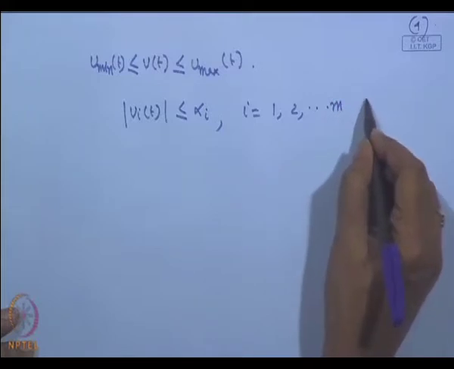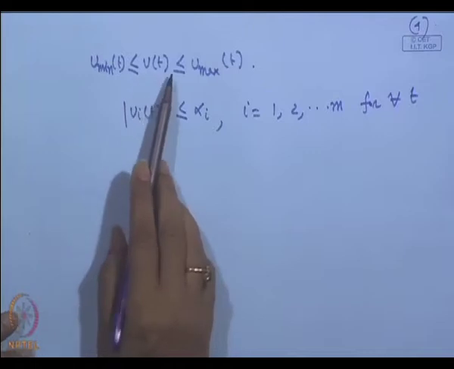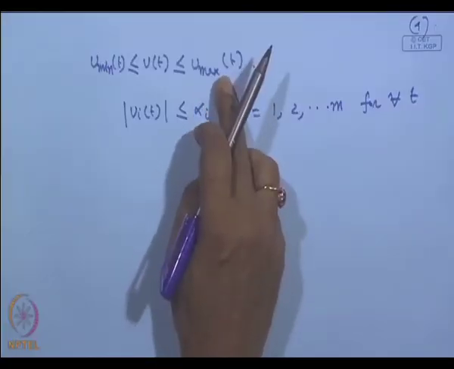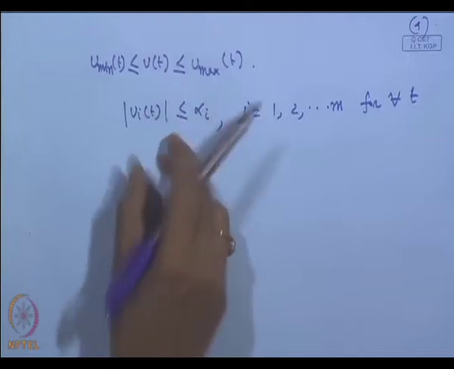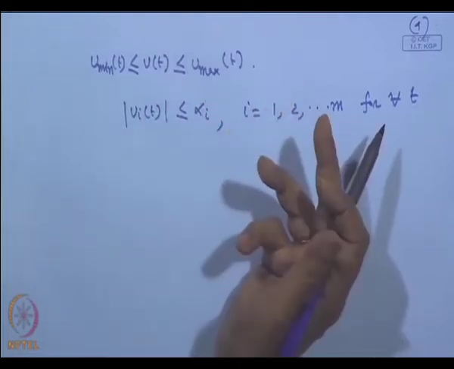Suppose we have considered the input magnitude upper bound as 10 volt and lower bound as minus 10 volt, then I can write the absolute value is less than or equal to alpha i, which is 10 volt.